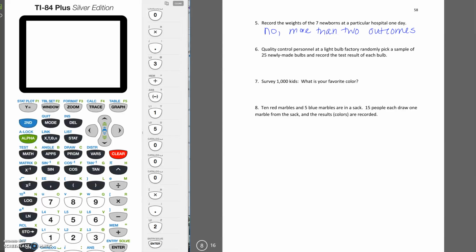Number 6 says quality control personnel at a light bulb factory randomly pick a sample of 25 newly made light bulbs and record the test of each light bulb. So this is binomial. We have the fixed number of trials. We have 25 that we're doing.